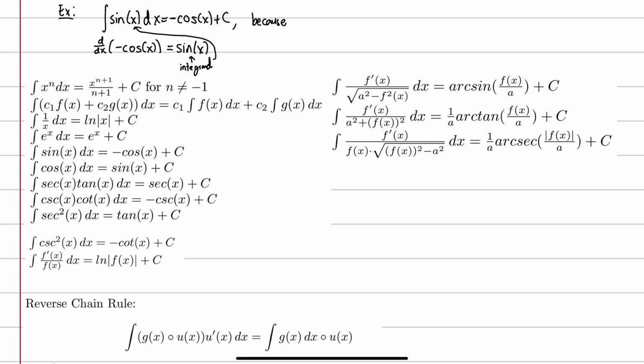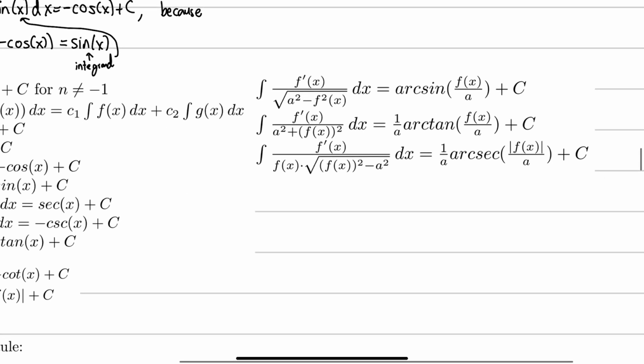And the integral of f prime over f, although this won't directly be asked necessarily, is the natural log of the absolute value of f plus c. Very useful. And these, you might have seen in an integral table. These kind of show up. If we have any of these forms, we can just write it as one of the inverse trig functions, arcsine, arctan, or arcsecant.